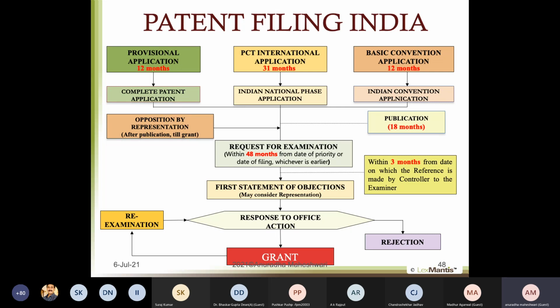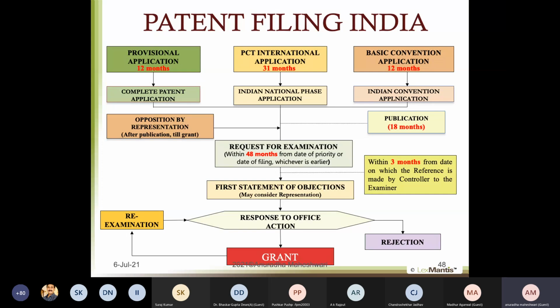The examination office issues that report to us, based on which we give replies back. That is the response to the office action. Based on the response, they may call for a re-examination, or they may reject it, or it may go to grant. So as I said, it is a long, arduous process, not happening quite easily, and it takes a lot of time. In the meantime, the public are also given the right to oppose the grant of the patent.